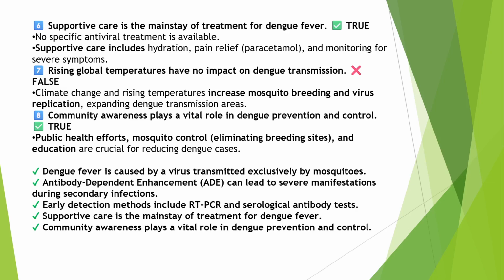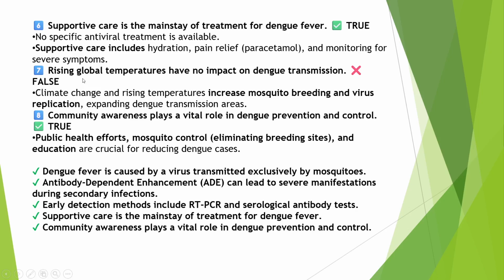Then, supportive care is the mainstay for treatment of dengue fever. So this is true. No specific antiviral treatment is available, because of the serotypes and the nature of the virus. Supportive care includes hydration, pain relief medications, and monitoring for severe syndromes.